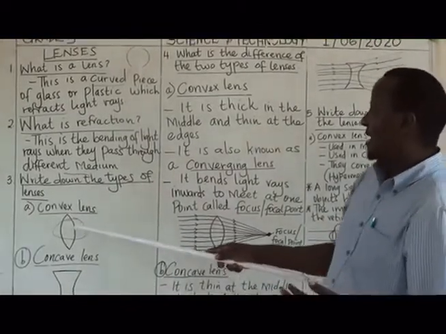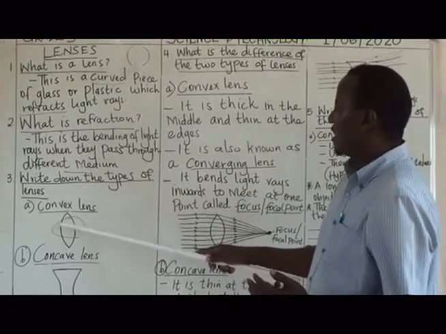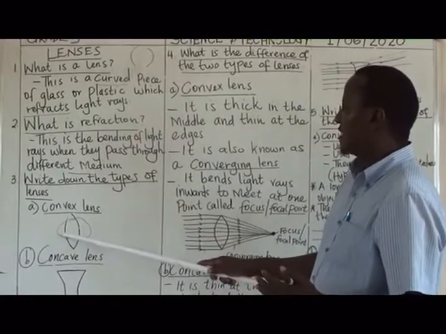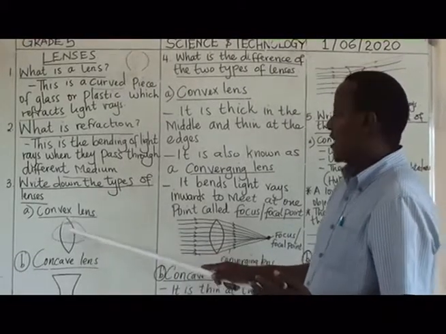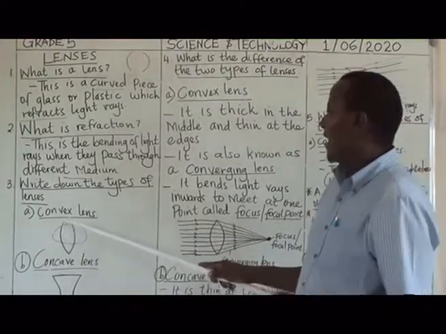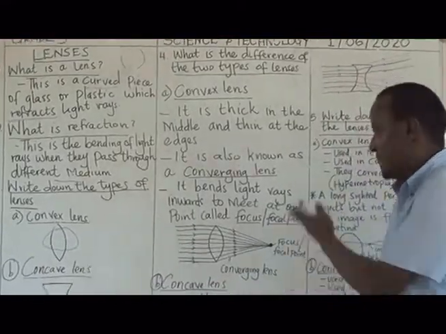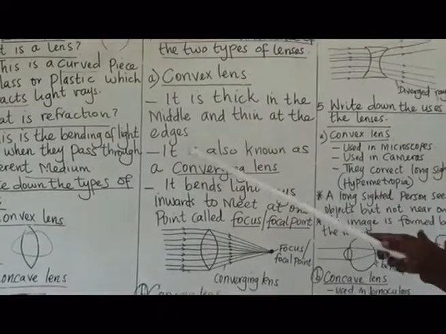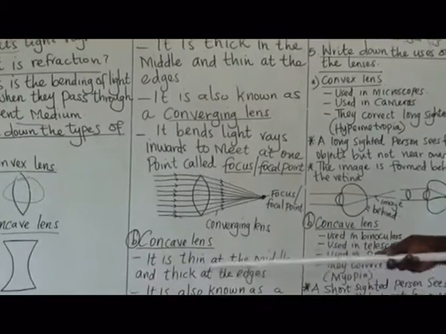Look at that. It is thick here at the middle, and as it goes to the edges, it becomes thinner. So the thickness of the middle part and the thickness at the edges are not the same. Before we look at the others, let's talk about a concave lens. A concave lens is thin at the middle.